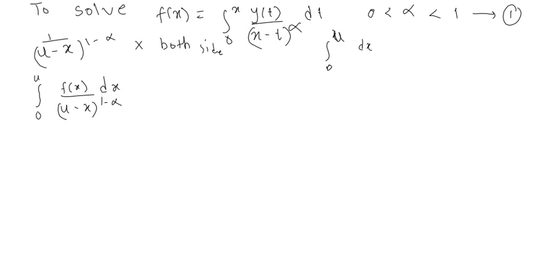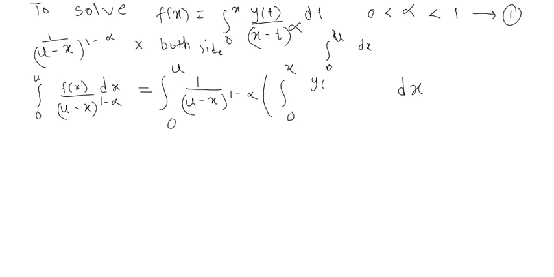This will be equal to integral from 0 to u dx, but inside we already have this multiplied term, that is u minus x raised to 1 minus alpha, into this term, integral 0 to x y of t by x minus t raised to alpha dt.